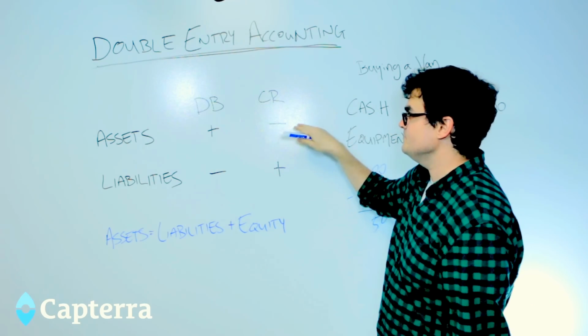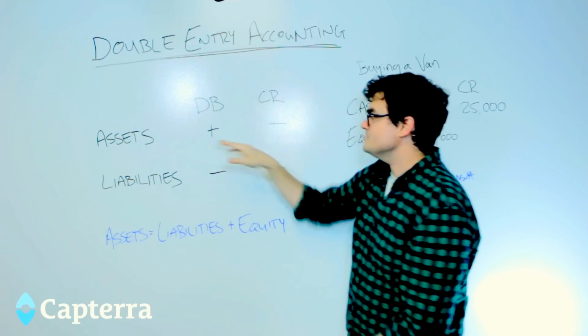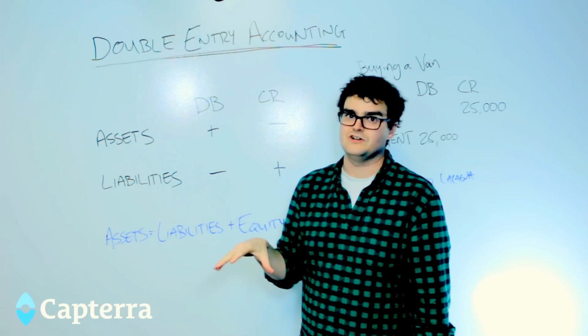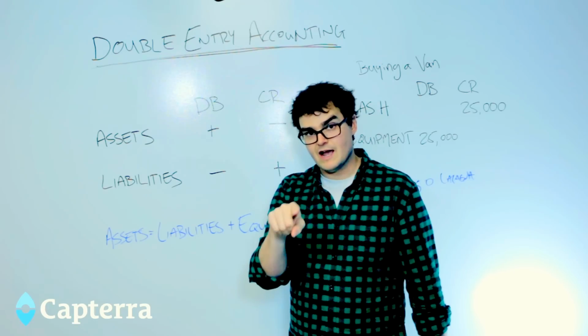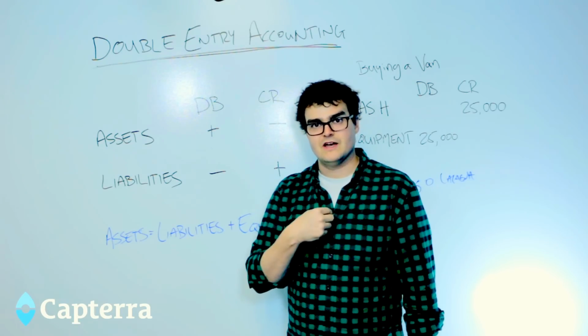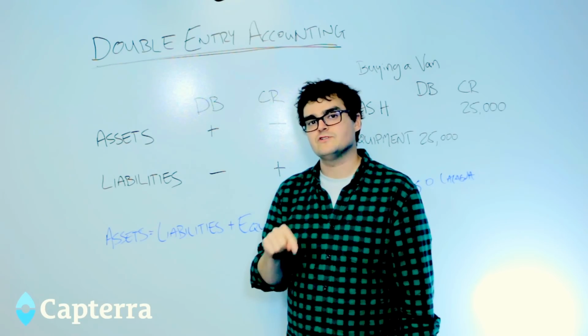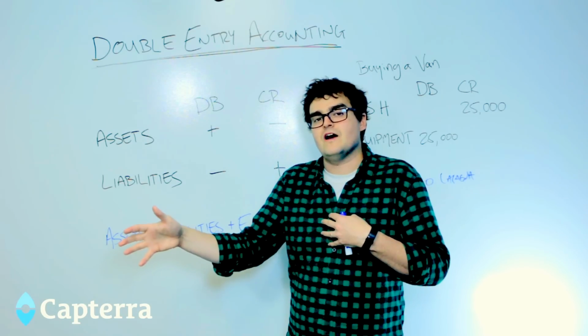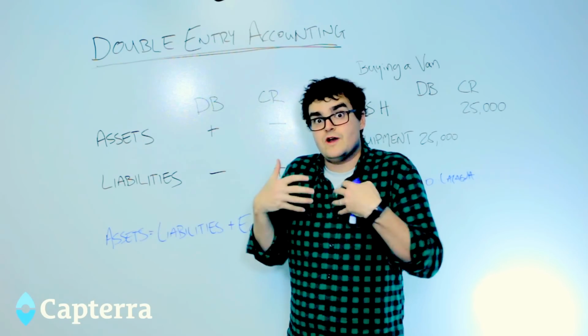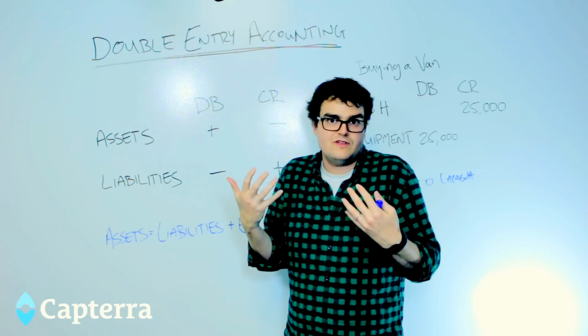And the reason for this confusion is that the terms debit and credit are bank terms. If I'm a bank and I have money in your account, that's a liability for my side. So if you take out $500 from your account, you're basically crediting me because I no longer owe you that $500, right? So suddenly you're crediting the bank because the bank doesn't owe you that money anymore.